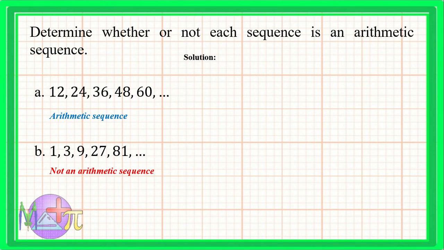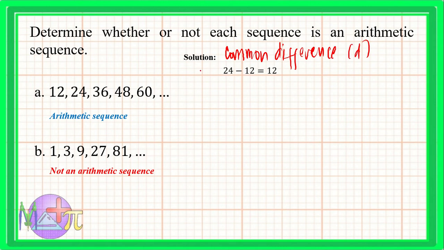So, solution for letter A, observe. I'm going to find the common difference first, or the small letter d. Again, yung formula natin kanina, di ba? A sub 2 minus A sub 1. So A sub 2 is 24 minus A sub 1 is 12. So 24 minus 12 is equivalent to 12.